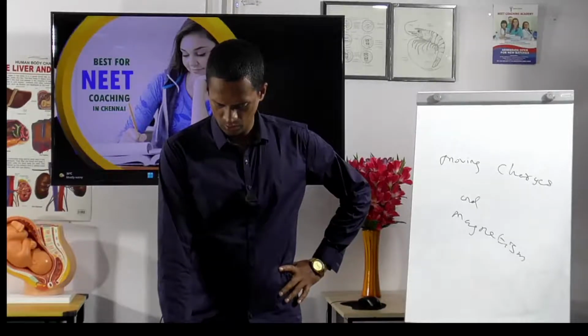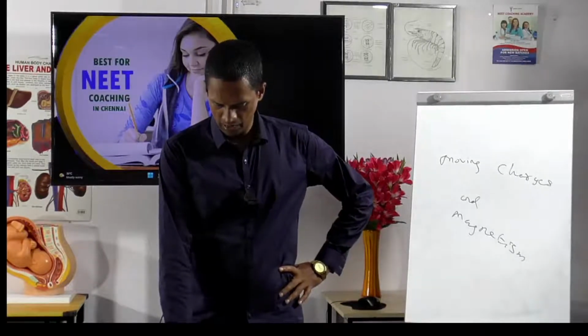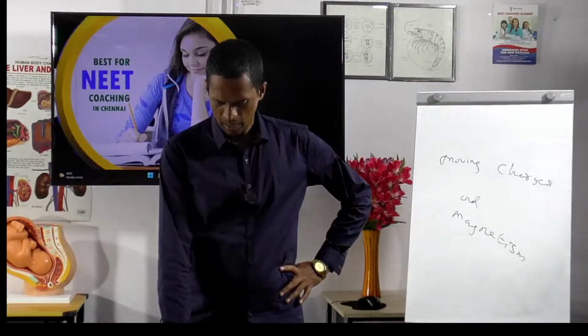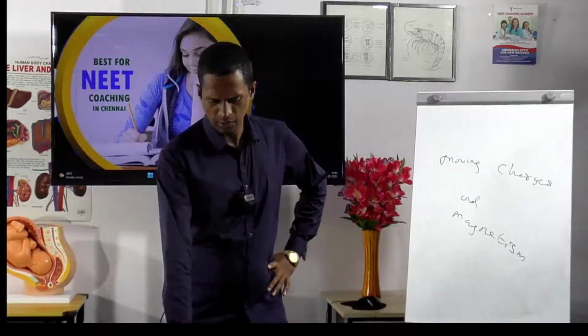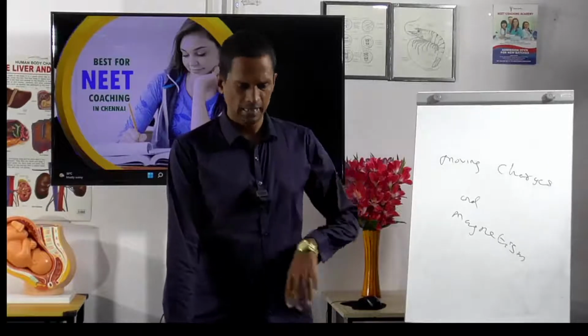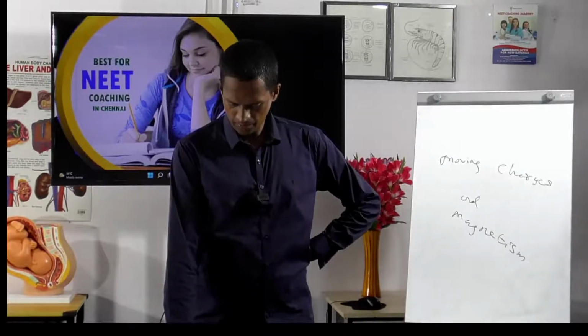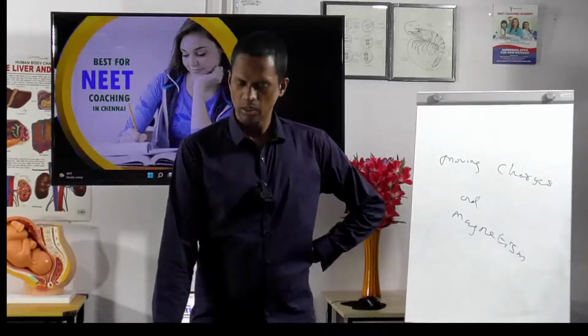R is equal to mV by qB, and the time period T is equal to 2 pi m by qB. So what is Q? Q is charge, B is the magnetic field, M is the mass, V is velocity.